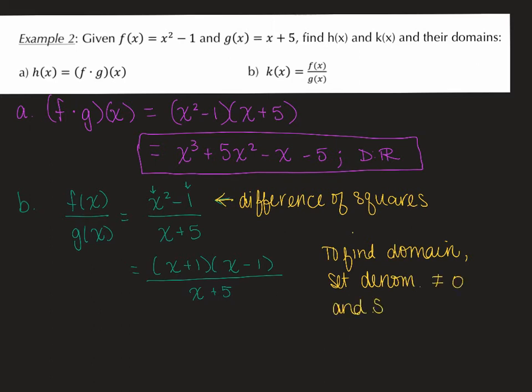And that's going to tell you the values that will not be included in your domain. So for instance, we're going to set x plus 5 not equal to 0. So that lets us know that x cannot equal negative 5. So that is our domain. When I'm filling out my final answer, I'm going to switch back to green because it belongs together. We can write, just like a little semicolon, and say x cannot equal negative 5.